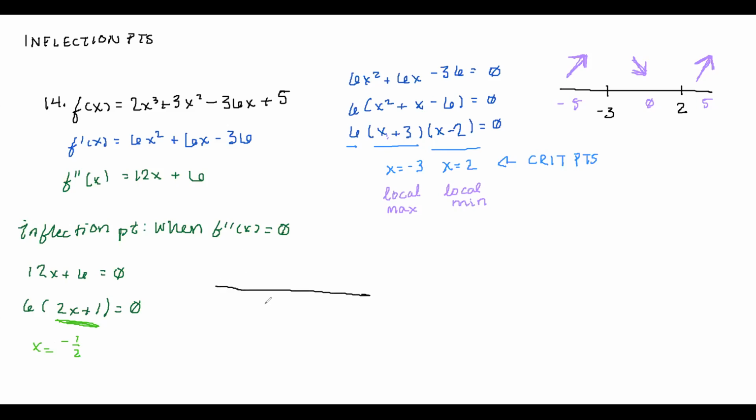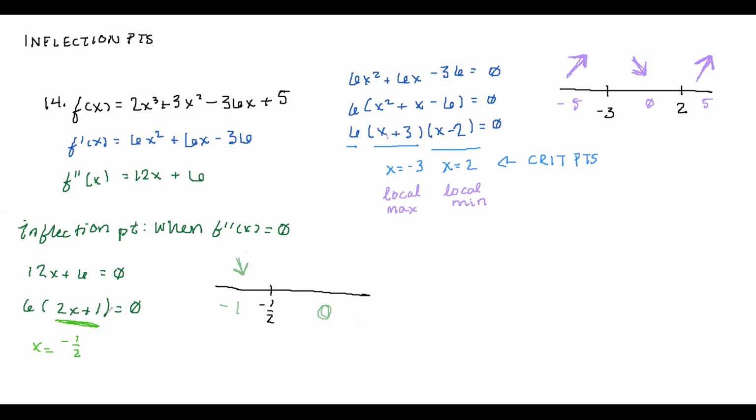So here we'll have minus 1/2. And here we'll go ahead and put it in as -1, and here can be 0. So here we'll have a positive 6 times -2 plus 1, so negative.